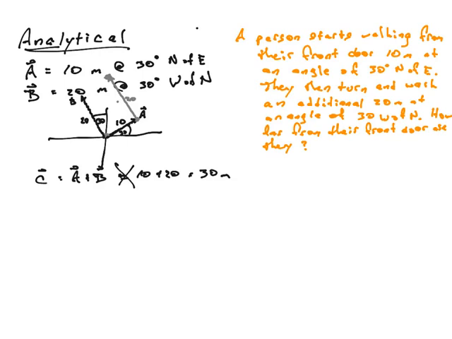However, what we could do is this. Let's look at vector A by itself. Here's vector A. 10 meters. Here's 30 degrees. Notice vector A, to get from the origin to where vector A ends, that 10 meters, I could either follow the line of the arrow, or I could do something else. I can go a certain amount in the x direction, and then a certain amount in the y direction.